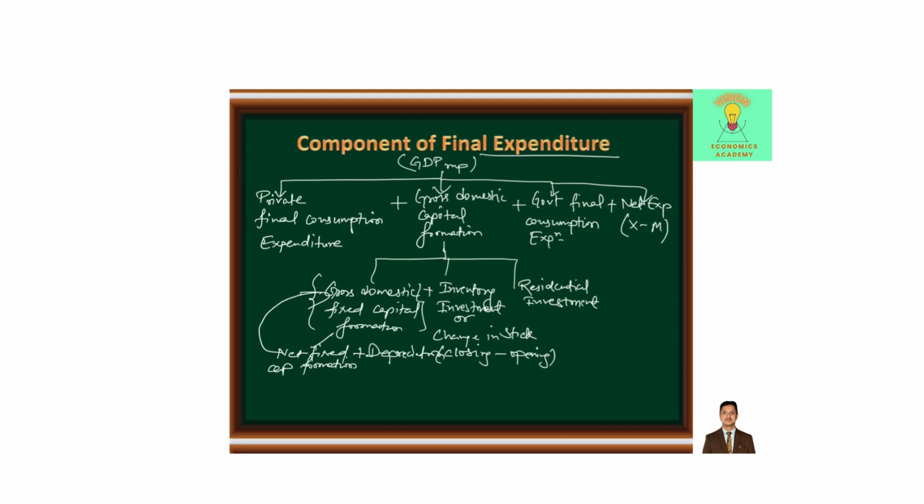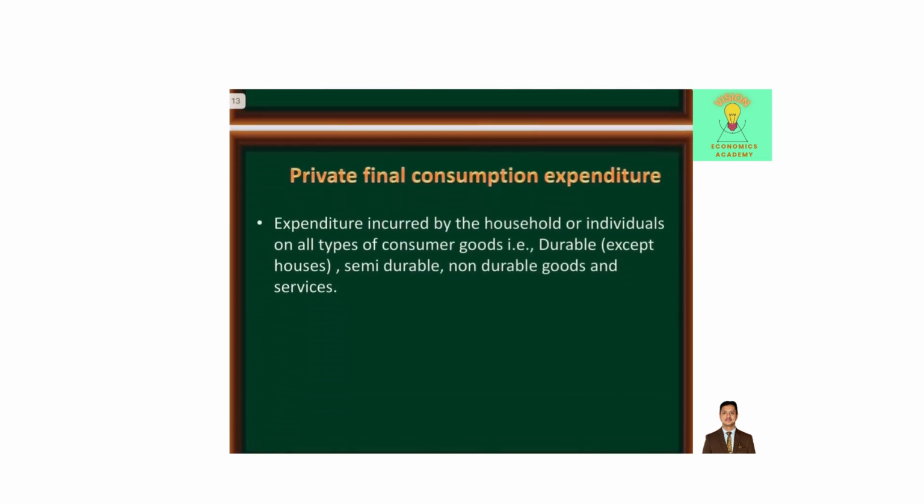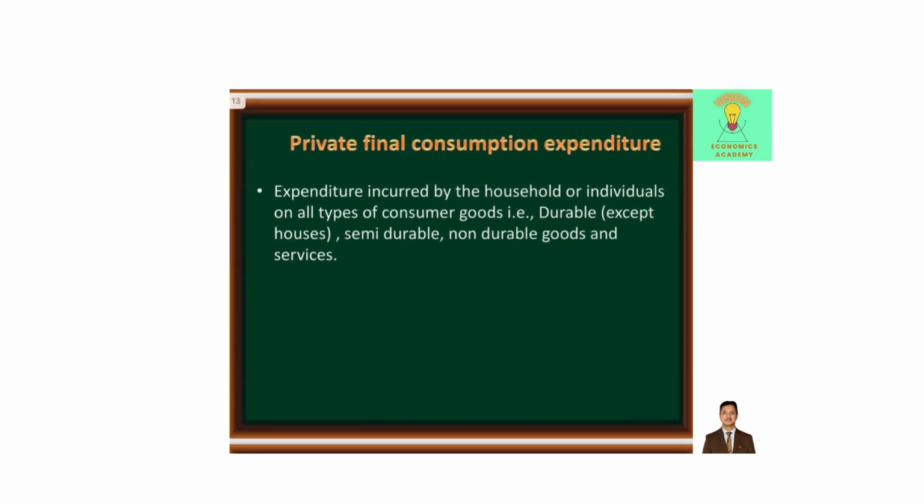I hope I'm clear here, but I will explain each of these terms elaborately so that you won't have any confusion. Now, private final consumption expenditure is the first component over here. What is private final consumption expenditure? It is the total amount of money spent by individuals and households on goods and services for their personal use.